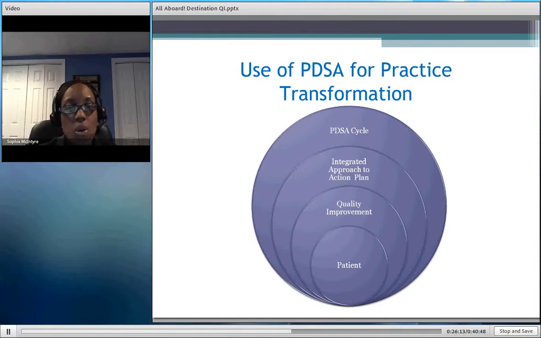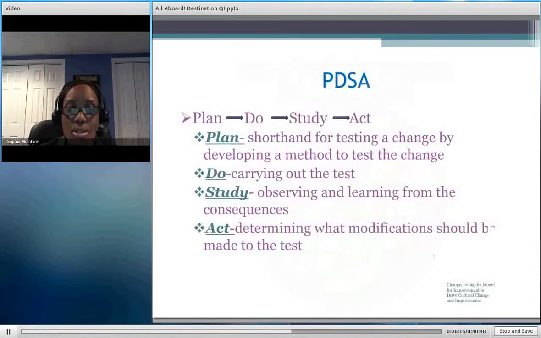So patients are at the core of quality improvement. There should be an integrated approach, and then this is carried through the PDSA cycle, which is the cycle of change, or the cycle for practice transformation. So let's first describe what PDSA is. Plan, do, study, act.